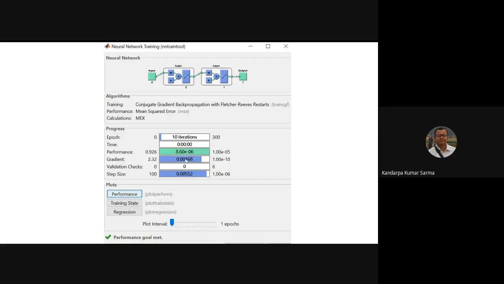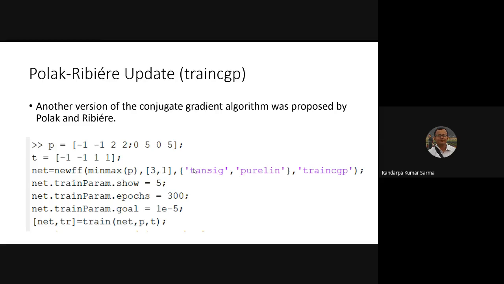So it will reach the desired convergence limits. So it's quite fast. So we find here that the train CGF is one of the faster training methods. So it's fast. It takes less number of cycles, iterations to reach the goal.